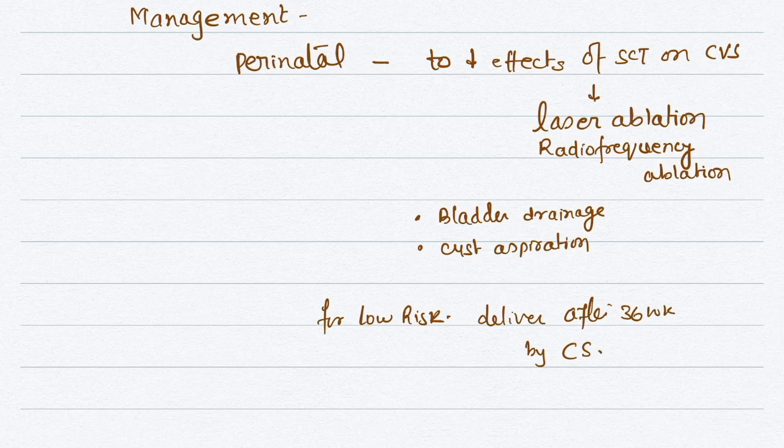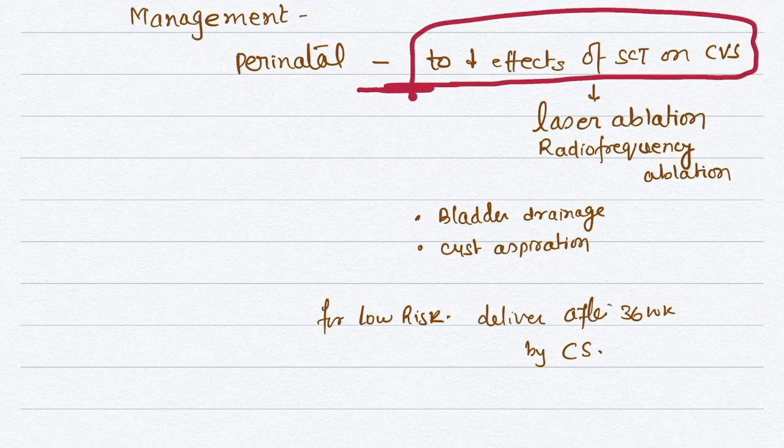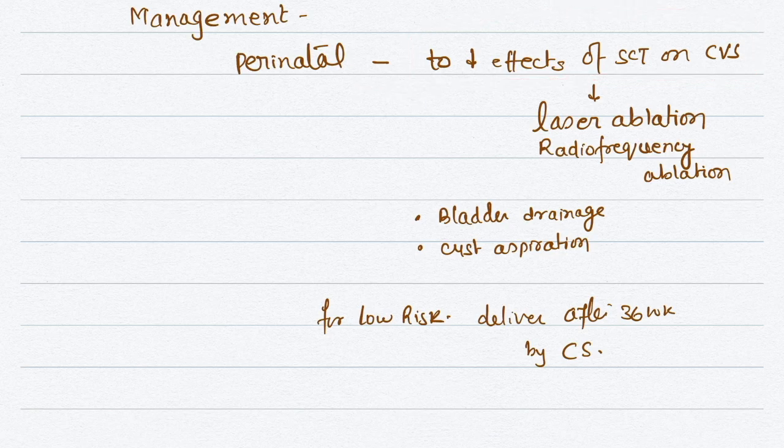Management during the perinatal period includes minimally invasive procedures to decrease the effect of sacrococcygeal teratoma on the cardiovascular system of the fetus, by doing laser ablation and radiofrequency ablation.